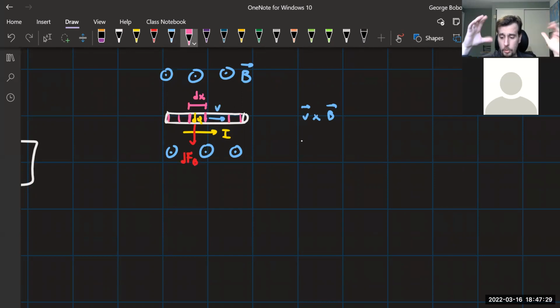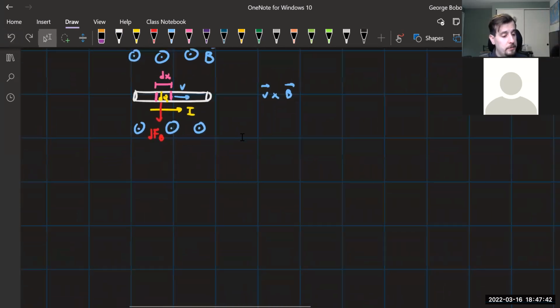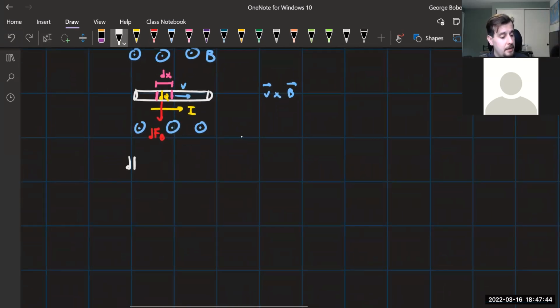Because the wire is broken down into these little chunks. We need to sum them all together to get the FB. So for now, we're working with an infinitesimal here. And we've said that dFB right now will be the charge dq times its velocity crossed with B.